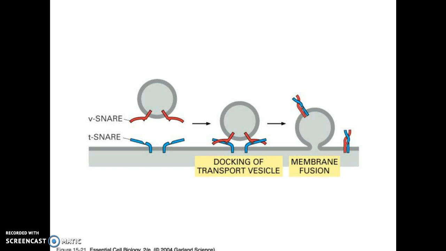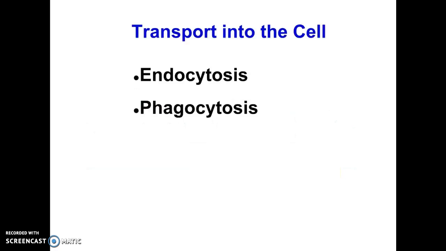And so what that's going to do is pull the vesicle membrane closer and closer to the target membrane. And once all of the water is excluded from between the two membranes, then the two membranes just fuse together.